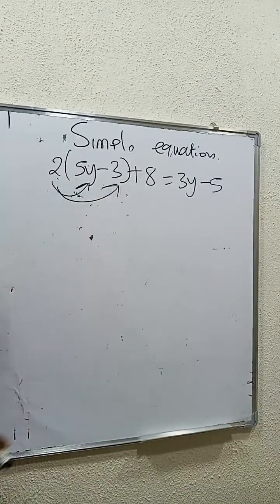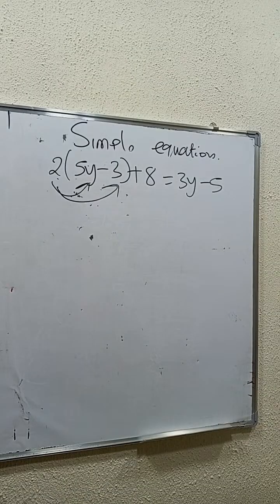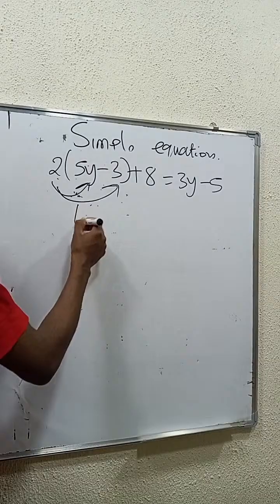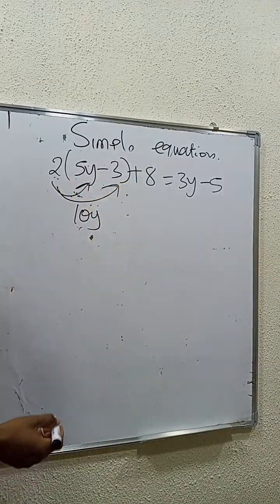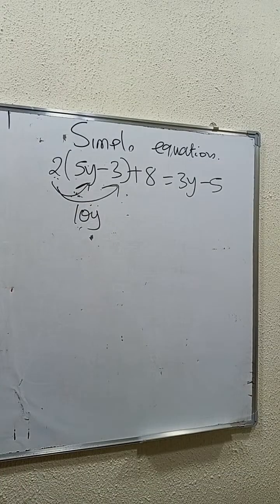So 2 times 5y is what? 2 times 5y is 10y. Then 2 times minus 3 is what?